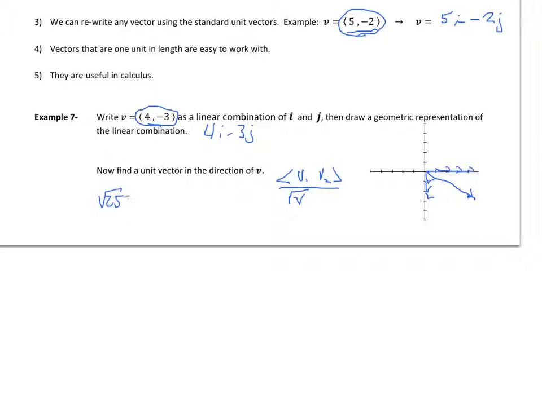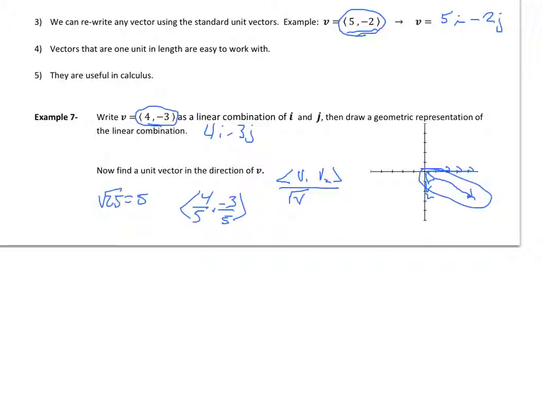So we get 4 over 5 and then negative 3 over 5, and that is the unit vector in the same direction as v. So again, a unit vector is just one unit long. All right, we okay with that?